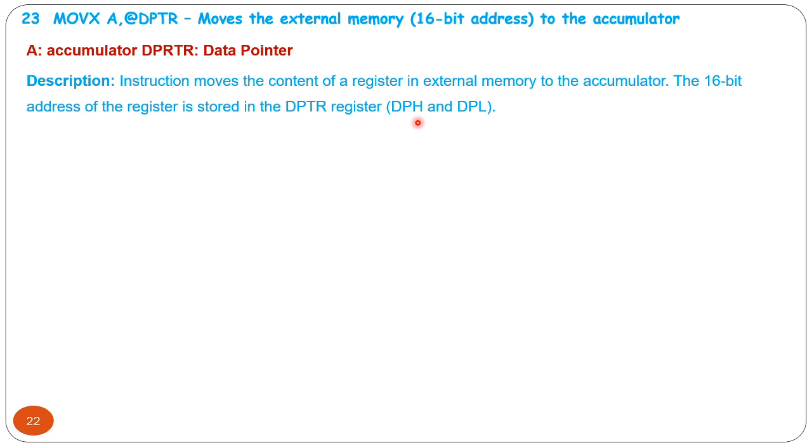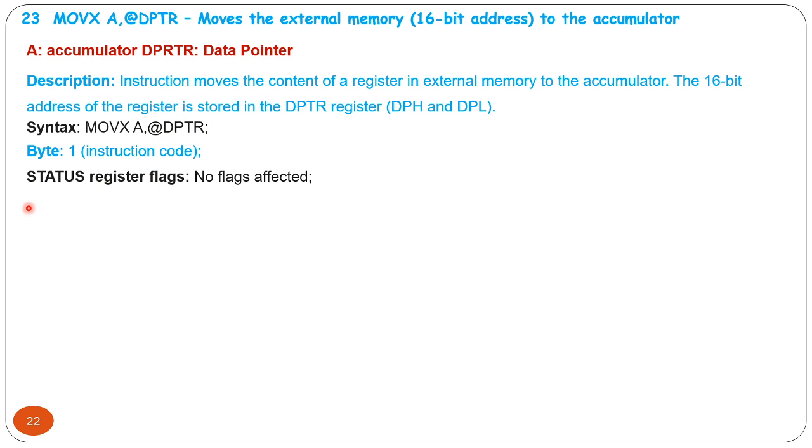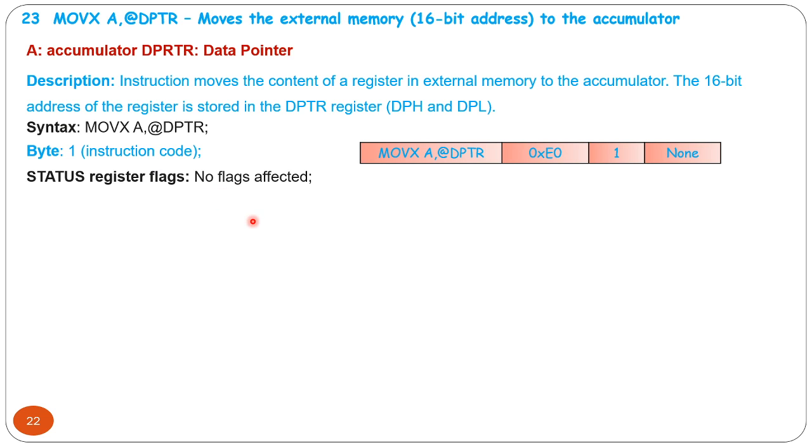DPH is the higher byte of the data pointer register, and DPL is the lower byte of the data pointer register. The syntax is MOVX A, @DPTR, a 1 byte instruction. No status register flags are affected. Here E0H is the operation code of this instruction.